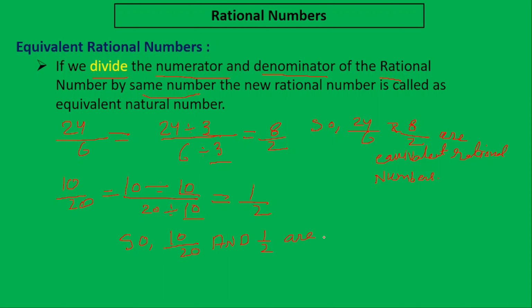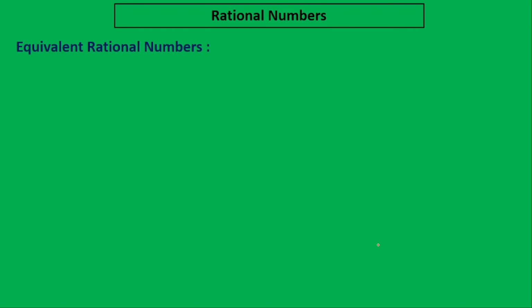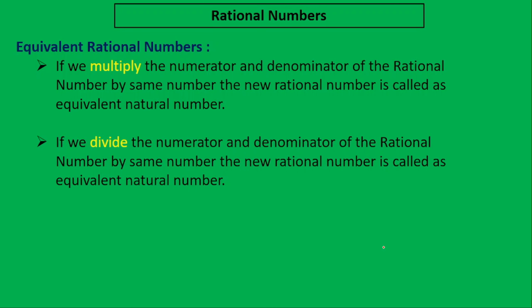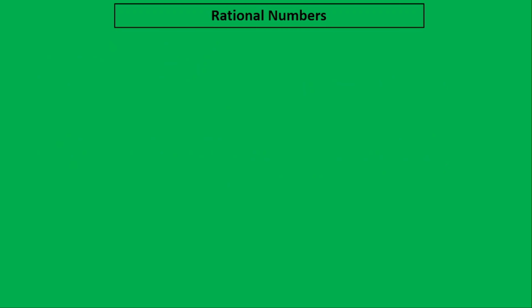These are very easy to understand, but based on these easy concepts, we will build a great foundation. Number system is easy to understand and you can get a big dividend while dealing with tough problems. So multiply and divide the numerator and denominator by the same number, you will get equivalent rational numbers. Now some questions may come: are these equivalent numbers? Yes, no, like that. Easy questions.